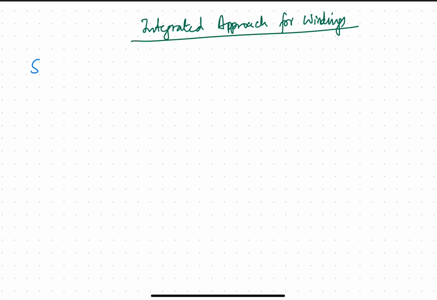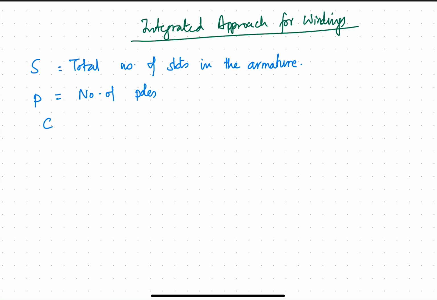We start with S, which is the total number of slots in the armature. P is the number of poles. C is the number of coils, and this is also equal to the number of segments. YC is the commutator pitch.